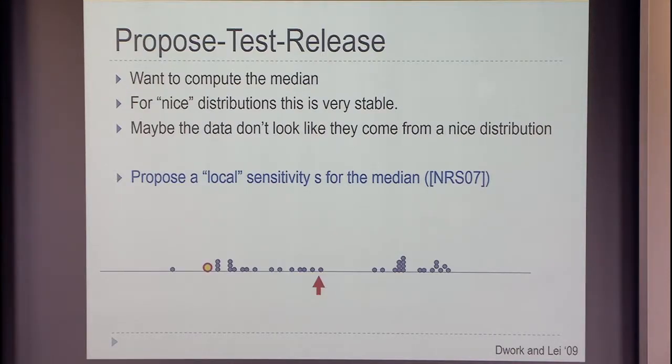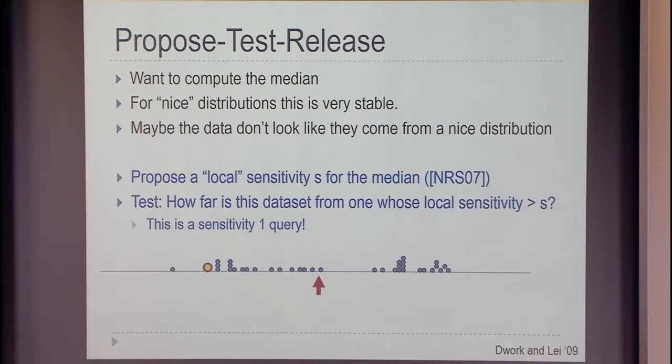And they had one way of achieving something like this, which they call smooth sensitivity. And what Jing and I did is come up with basically a technique that lets us have a quick and dirty way of doing this. The idea is that, for example, you could propose a local sensitivity, and then you can run a differentially private test that says how far is this data set from one whose local sensitivity is bigger than S. This is a sensitivity one query, right?